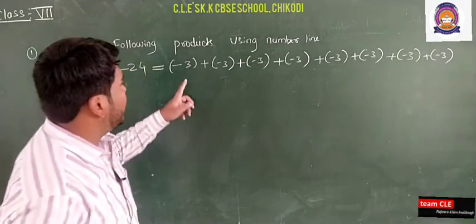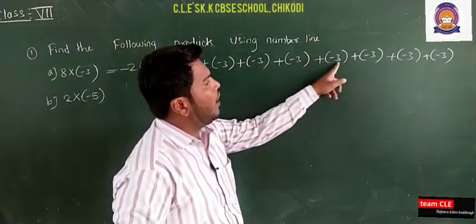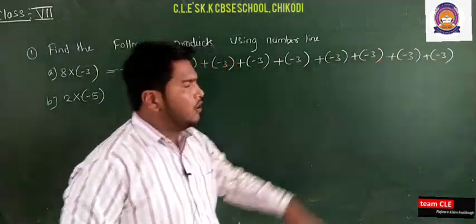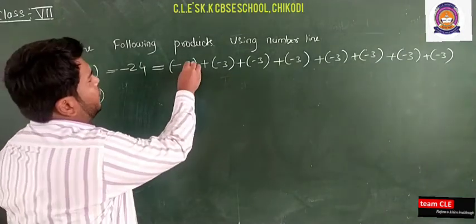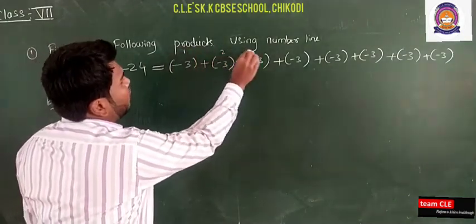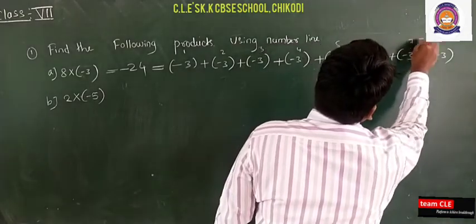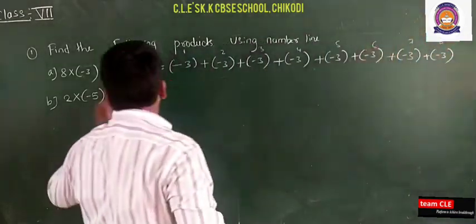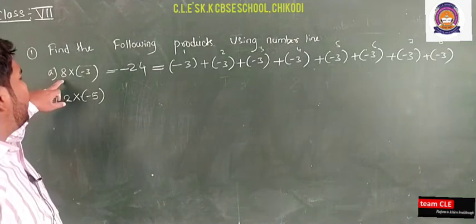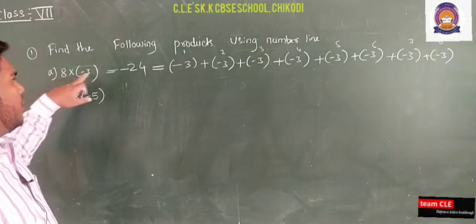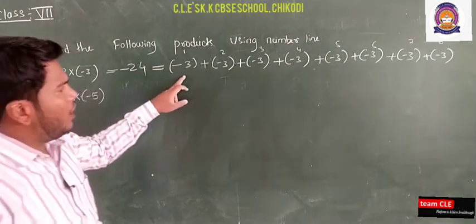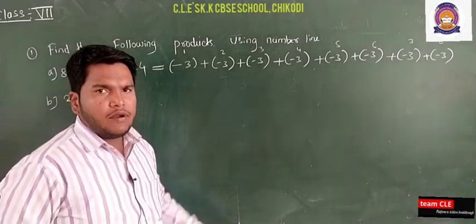Is it written 8 times? 1, 2, 3, 4, 5, 6, 7, 8. So totally it is written 8 times. When you multiply minus 3 eight times, you get minus 24. So I just wrote it to plot on the number line.